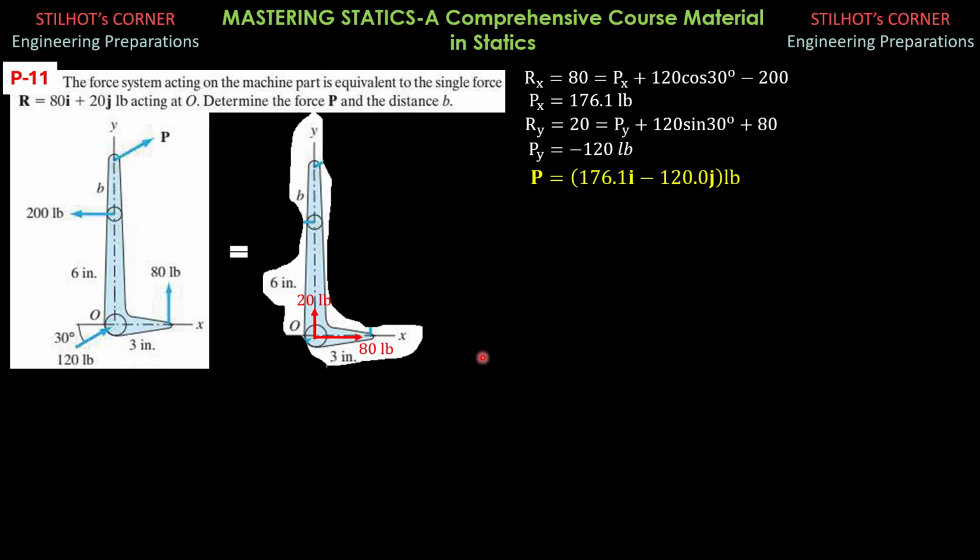Then for the distance b, we sum up moments about O and equate to 0. So MO equals 0, counterclockwise positive.